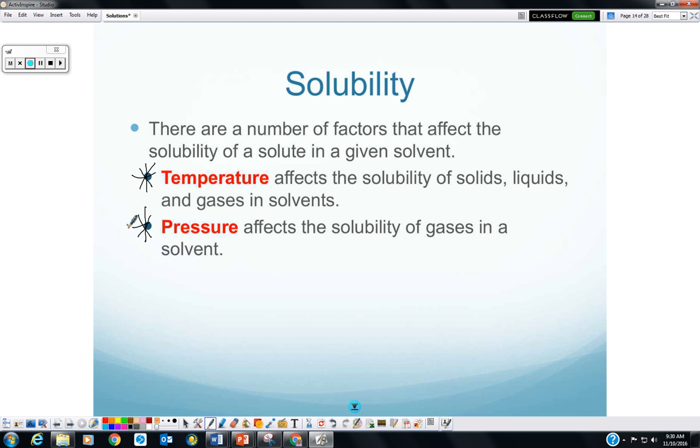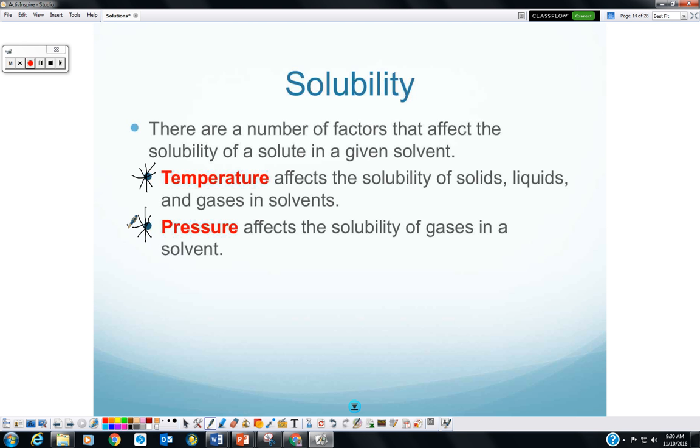But typically, if we have a solid being dissolved in a liquid, as we increase the temperature, the solid becomes more soluble. So as we increase the temperature, typically we can add more solid to it to get it to dissolve.